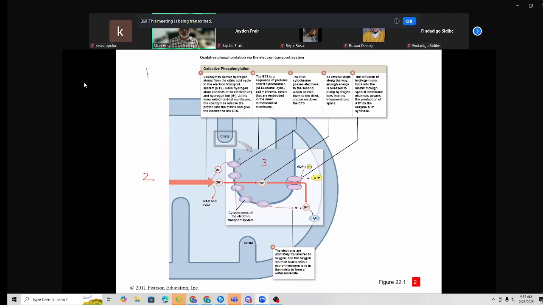Here the cytochromes get the electrons with the help of NADH and FADH, which came from the citric acid cycle. You see the electrons transferring, and each time they transfer, they go to a higher level of energy. Finally, with the help of the ATP synthase enzyme, ADP is converted to ATP.